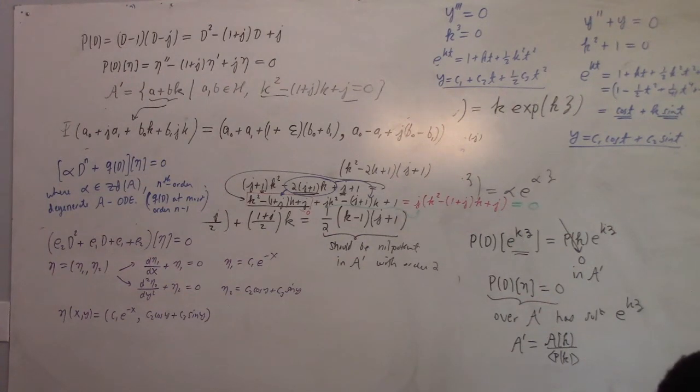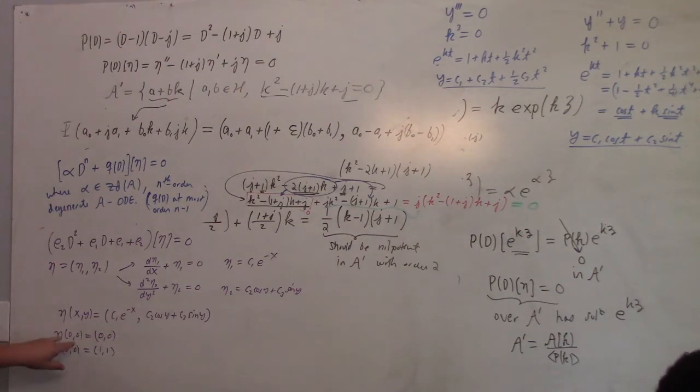And in this one, we're going to see a lack of existence, because if you wanted to have eta of 0, 0 equal to 0, 0, and eta prime of 0, 0 equal to 1, 1, that would be a legitimate set of initial conditions, because I'm giving a value for the function as well as its derivative at a given value of the independent parameter, which in this case is 0, 0.